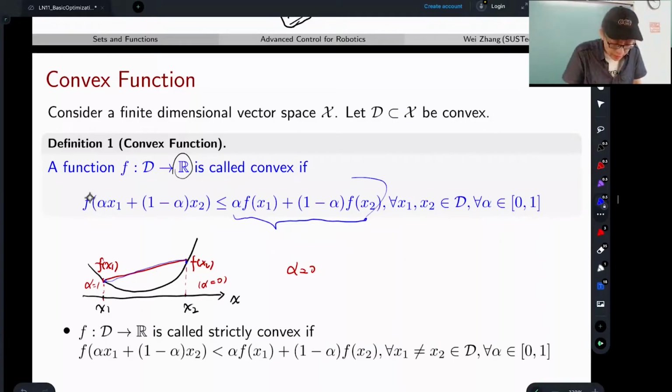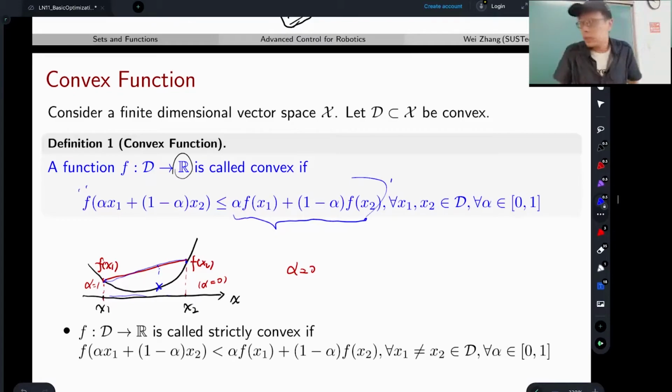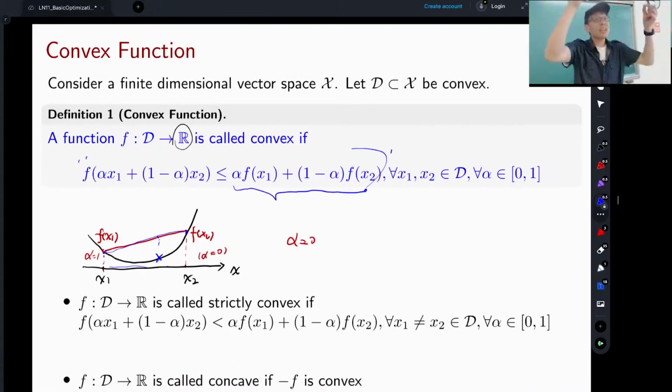The right-hand side is a function value on the line segment here. That means the function value always stays below the convex combination of these function values. So that's roughly what the statement or definition means: the function value always stays below the line segment between the values at the two endpoints.